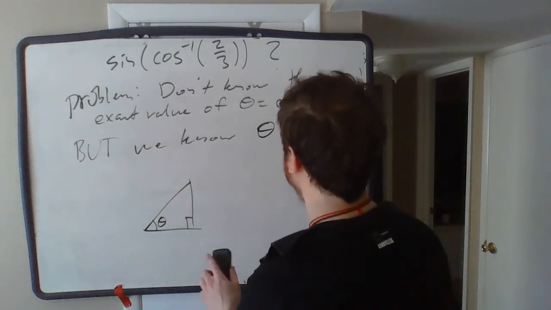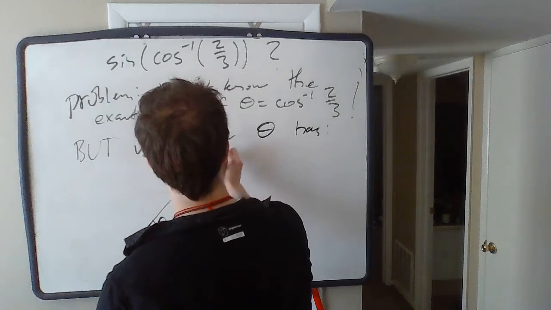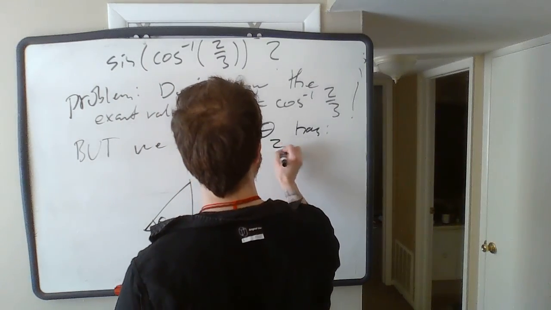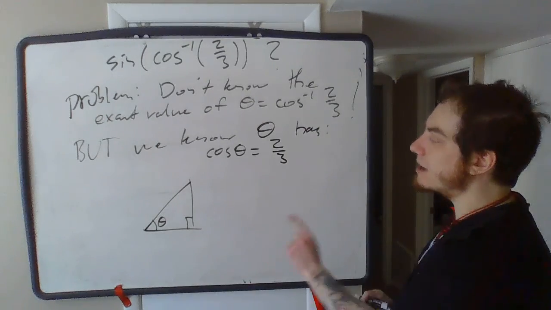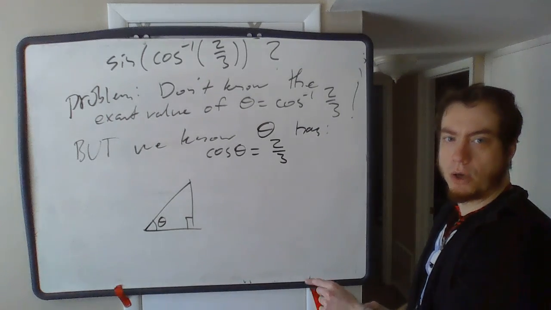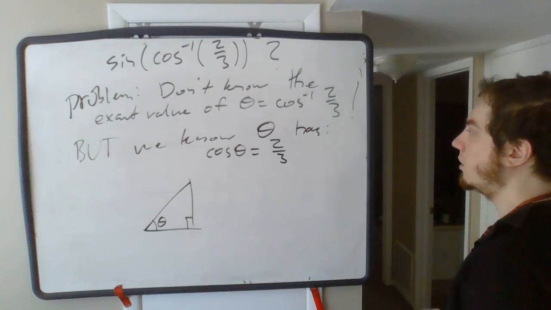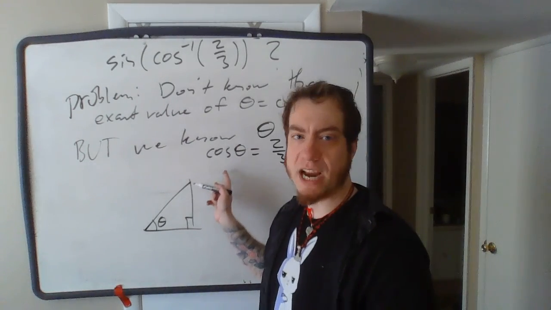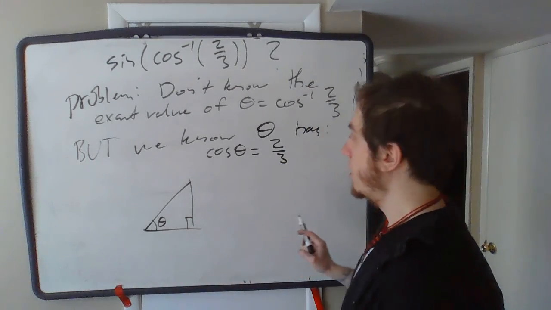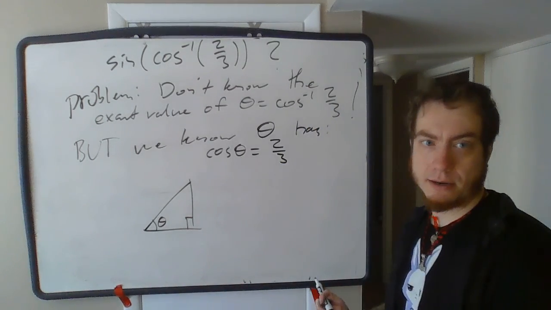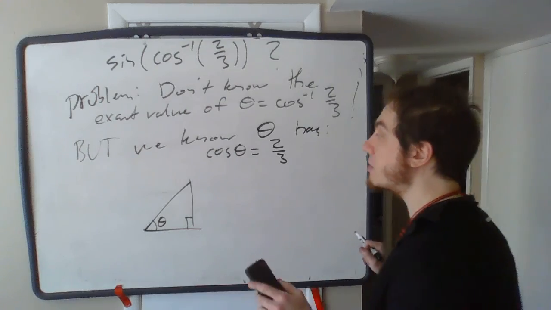And we know that the cosine of theta is equal to 2/3. But we also know something else about cosine theta. What do we know about cosine theta? Well, what is the ratio in terms of the sides of a triangle that you get from the cosine? Anybody remember? Hopefully you guys remember this.